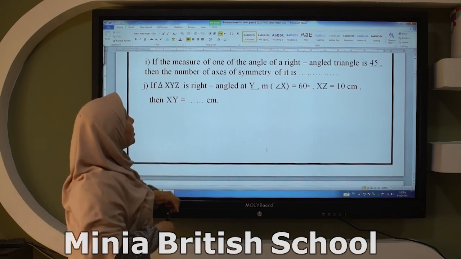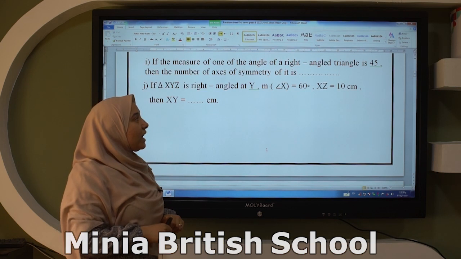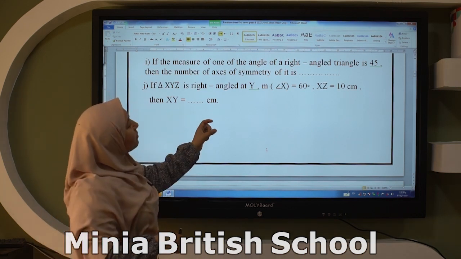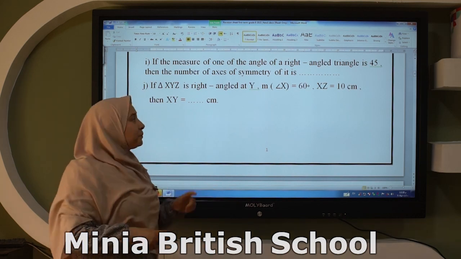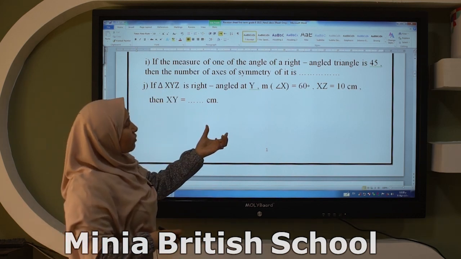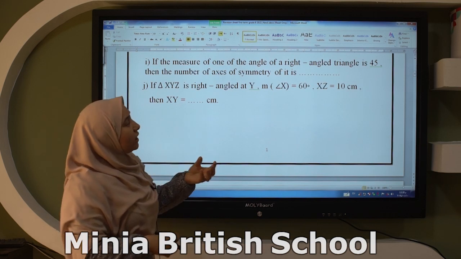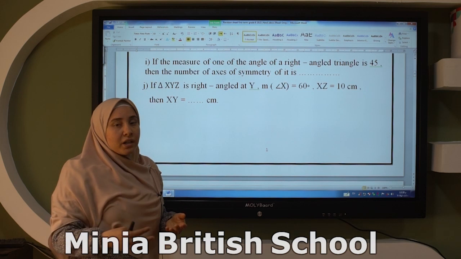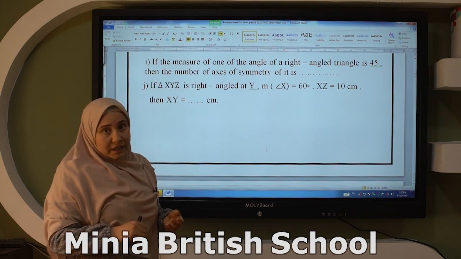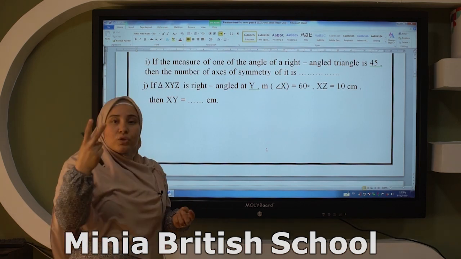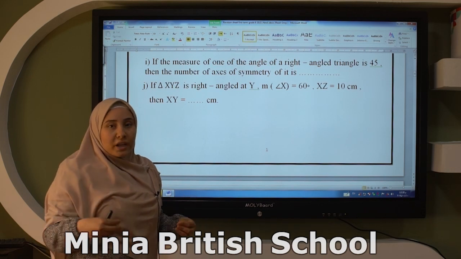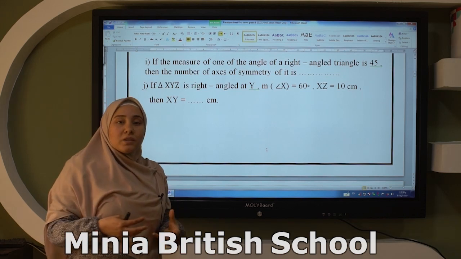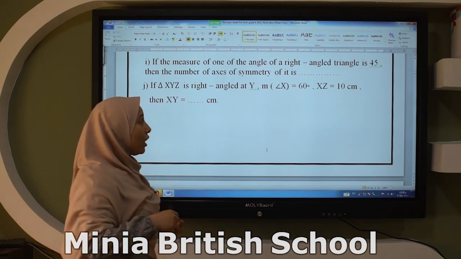Letter I: if the measure of one of the angles of a right angled triangle is 45 degrees, then the number of axes of symmetry of it is 1. Because the triangle is right angled and one of the two other angles is 45, the third angle also equals 45 degrees. Then the triangle has two angles equal in measure, so it is an isosceles triangle, and we know the number of axes of symmetry for an isosceles triangle is 1.